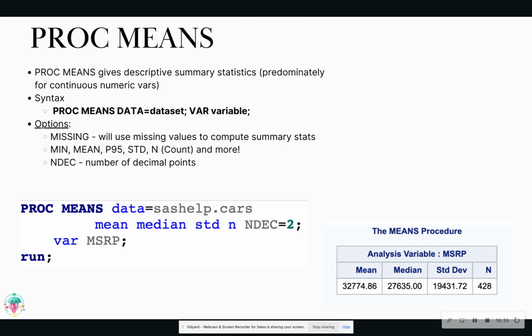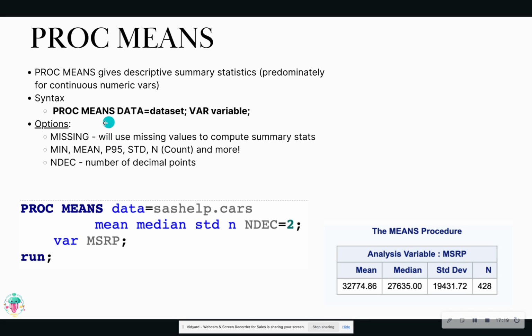All of that you're able to do with a PROC MEANS. It's like a powerful statistics procedure packaged in one. So, PROC MEANS is going to give us that descriptive summary statistics, and you're going to use it predominantly for continuous numeric variables. So, things like height, weight, BMI, numeric variables that are on a wide spectrum.